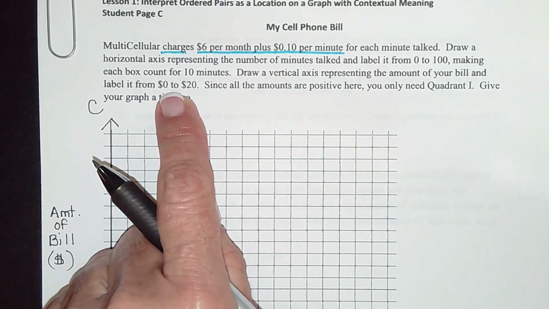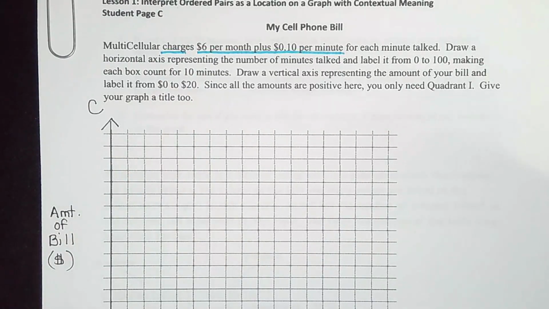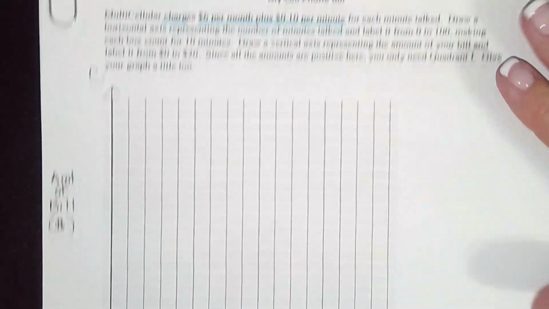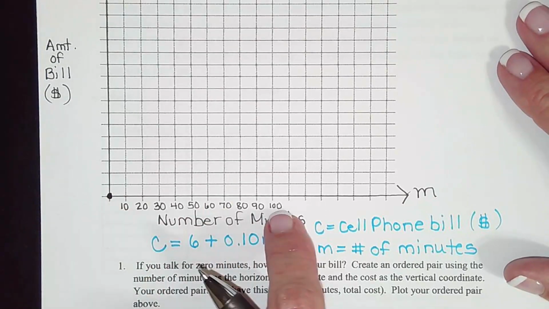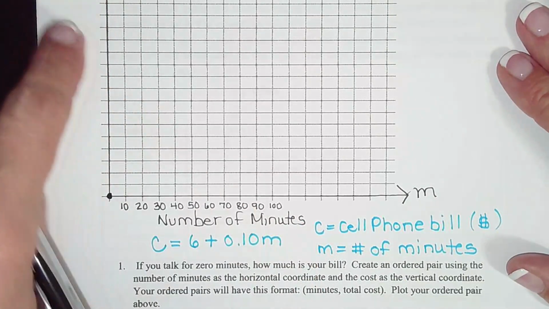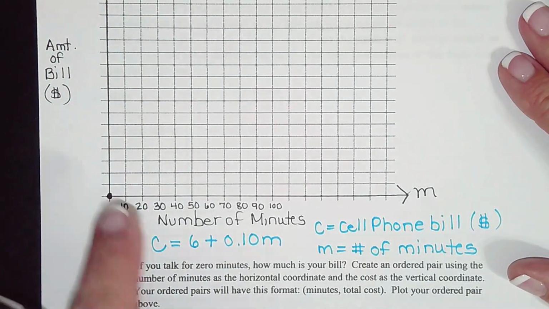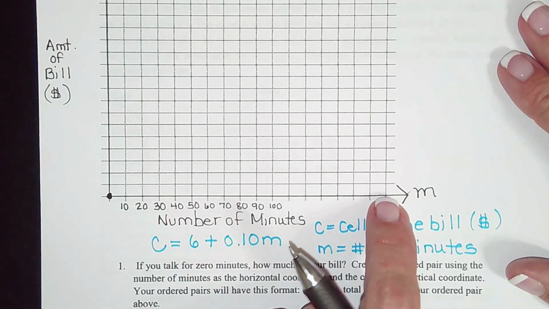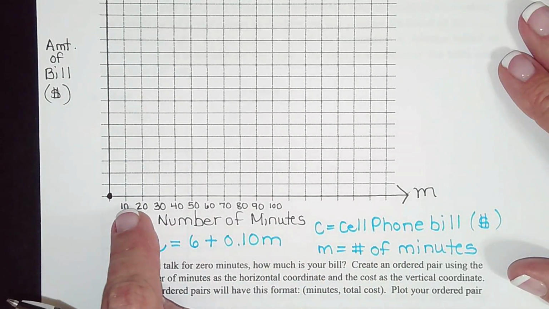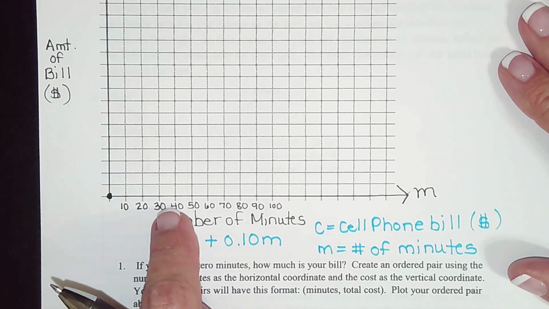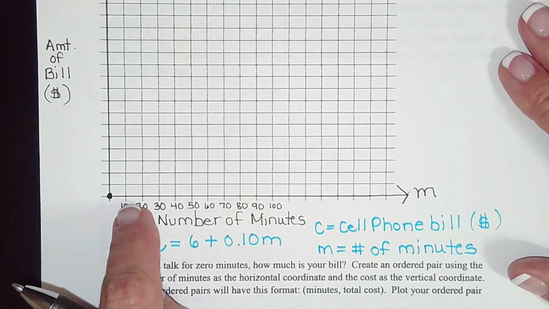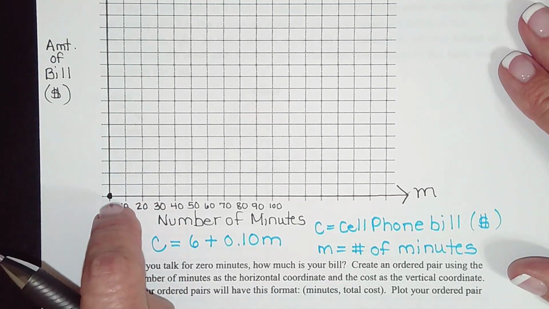And they didn't tell us to go by anything, so that means we have to go by ones. And yes, it's okay to go by tens on one axis and ones on the other. You just have to stay consistent on the axis you're on. Like I've had students see that they have to go to 300 and they go 50, 75, 100. No. If you're going by 25s, you can't go by 50 on the first one.